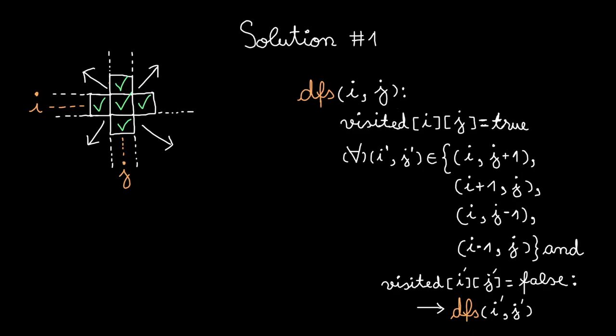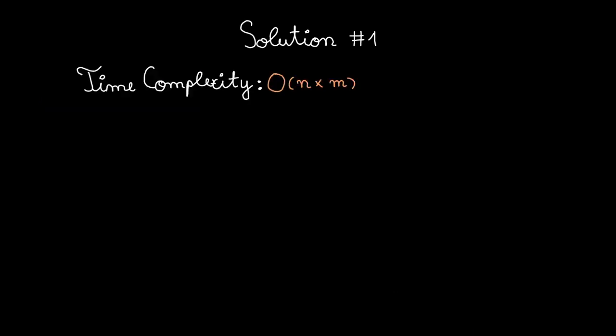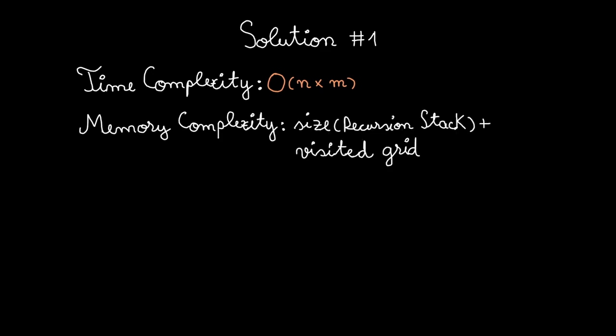So the time complexity of this approach is big O of n times m. The memory complexity of this approach depends on the size of the recursion stack and also the extra matrix that we have used.